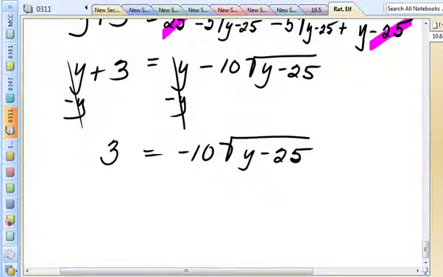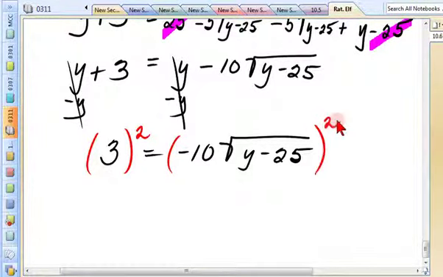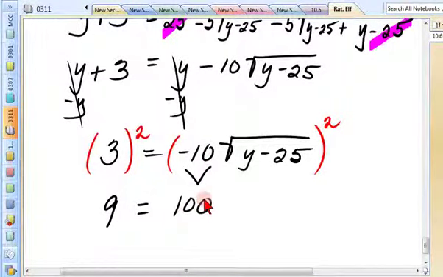Okay. So I'm going to square the left side and I'm going to square the right side. And remember, when you have a product, all you have to do is square each factor. It's when there's a sum and difference that you have to do FOIL. All right, that's going to give me 9 is equal to squaring the negative 10, you get 100.